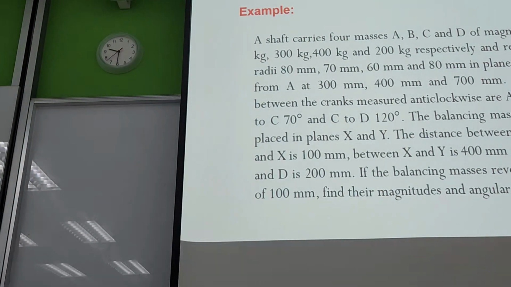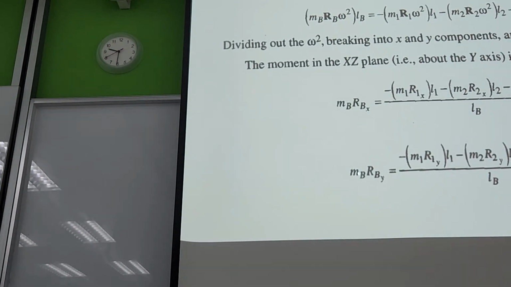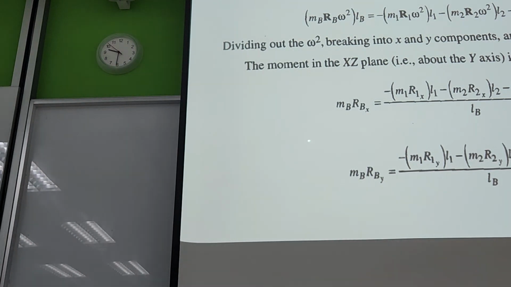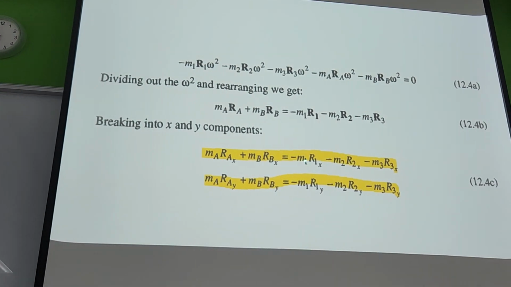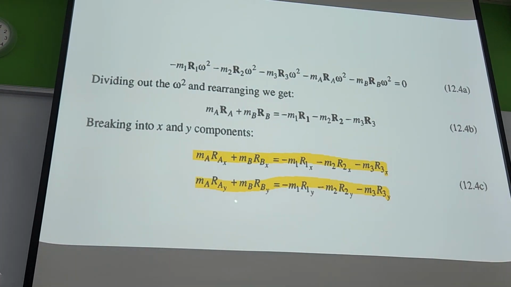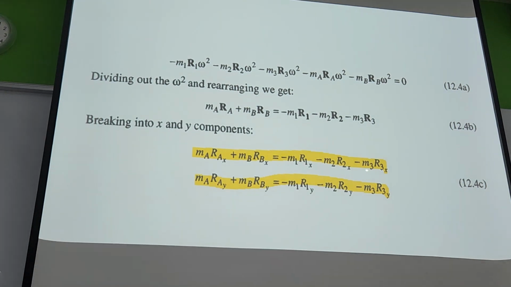So basically once you know these two things, you can calculate the x component, y component, then you can calculate the magnitude, then you can calculate the orientation. Once you know MB RBX, MB RBY, then you can go back to this formula. Okay, so you know MB RBX, MB RBY, then you know all these things.